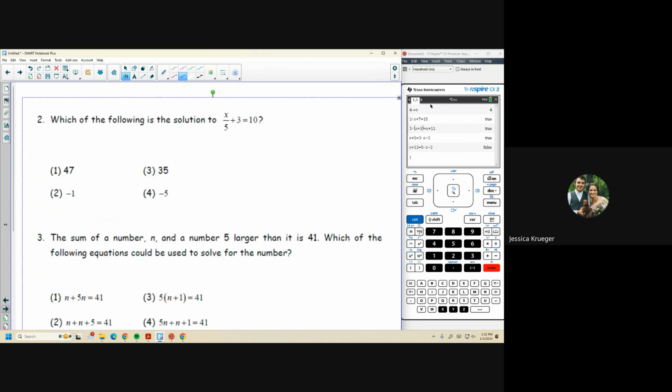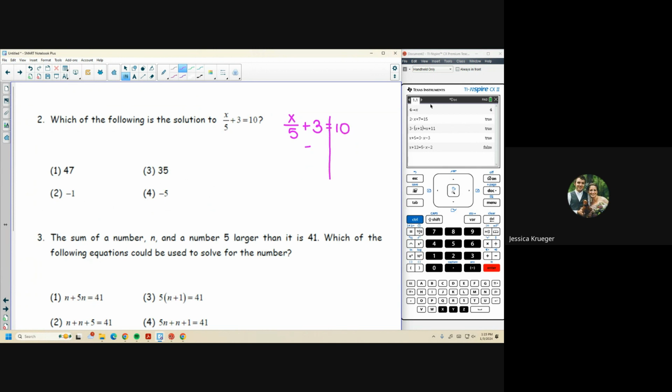Number 2, which of the following is the solution to this equation? Okay, so I'm going to go ahead and solve this equation, and then I'm going to show you a shortcut in the calculator. So x over 5 plus 3 equals 10.